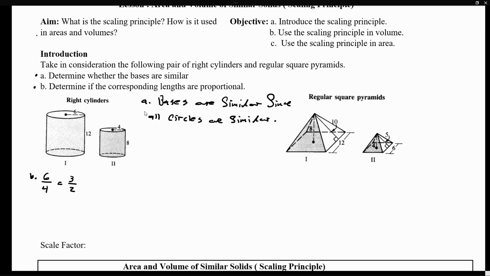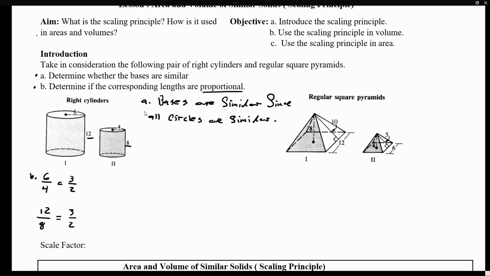Now, let's take a look at the height of the first figure and divide it by the height of the second figure. Notice that we also get the same value, 3 halves. What we have done here is found proportionality.